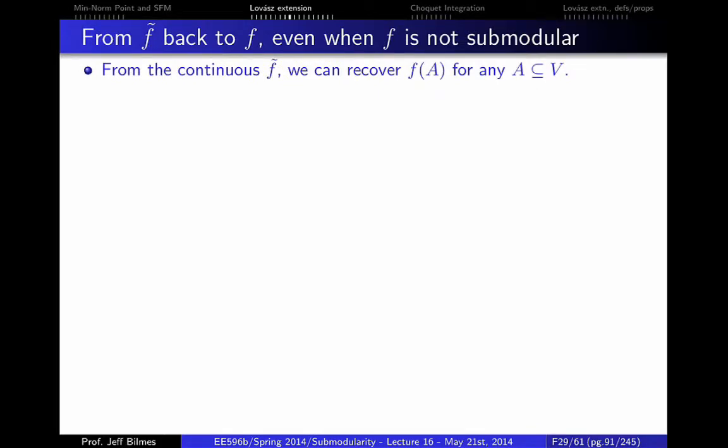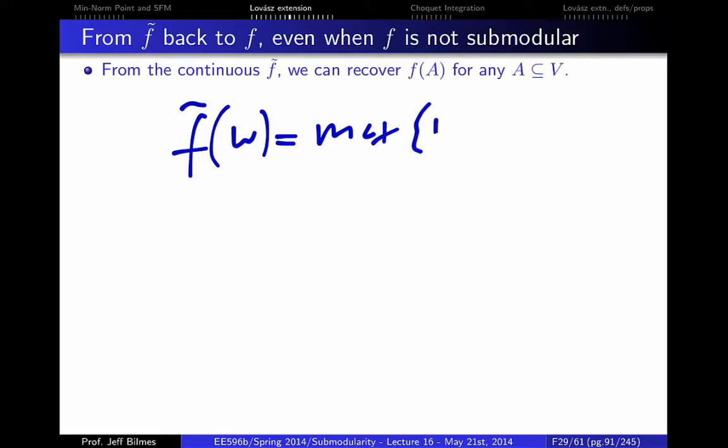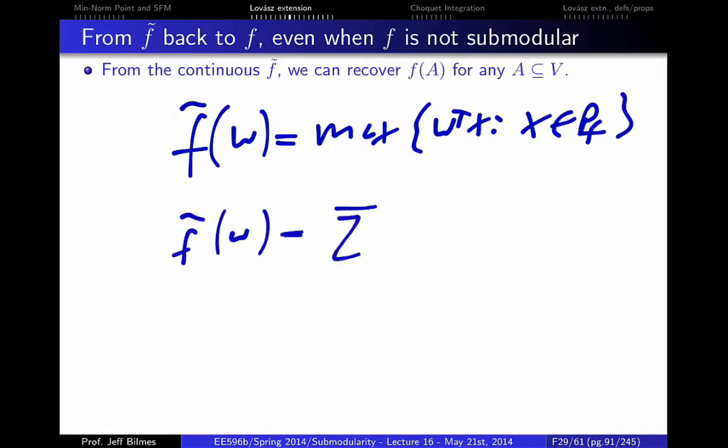Let's just make sure this is clear. On the one hand, we're defining f tilde of w, which is equal to the max of w transpose x, such that x is in P of f. On the other hand, we're defining f tilde of w as the sum over i of lambda i f of e of i.